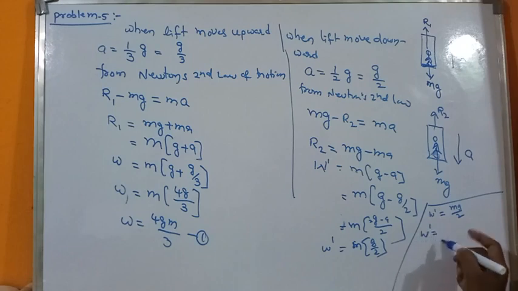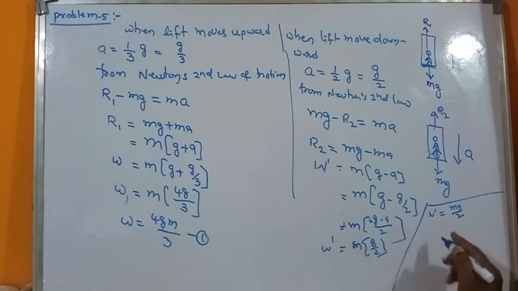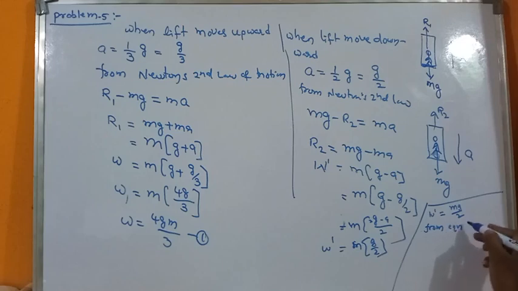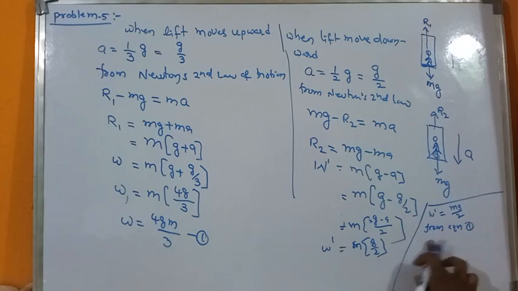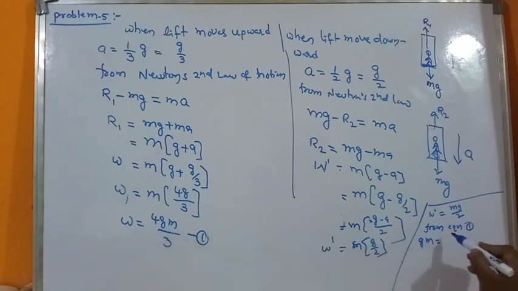From equation 1, W is equal to 4gm by 3, so gm is equal to 3W by 4.